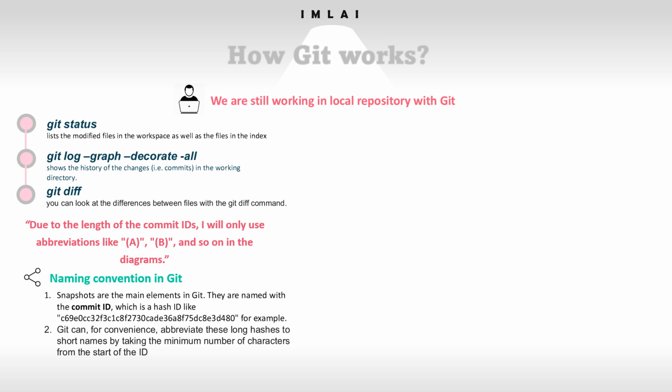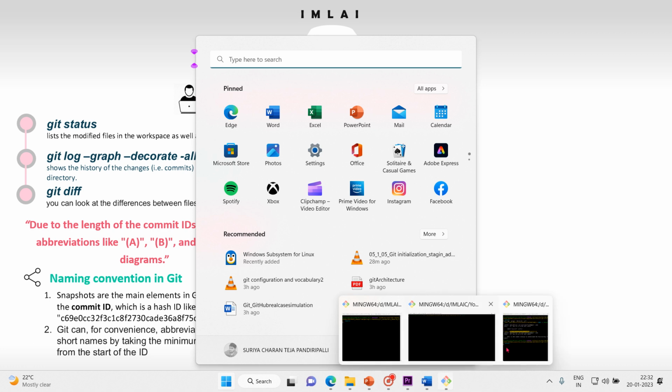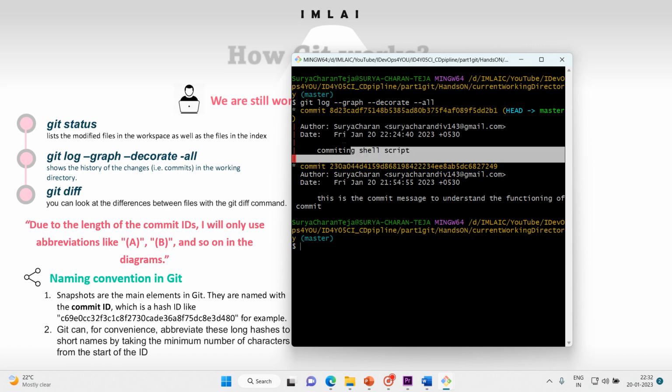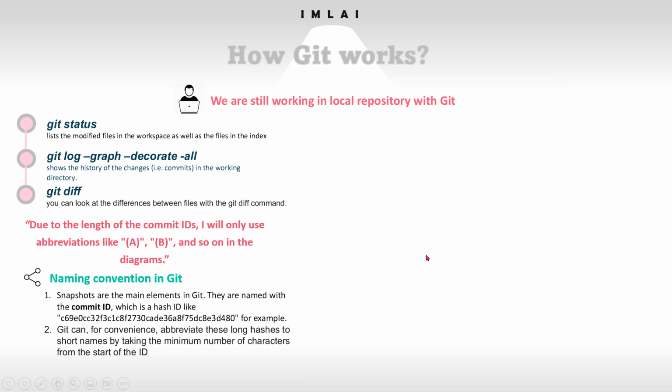So in this example, instead of the long hash ID, you can select the first four characters of it and use it in our commands. Note that the term commit is used both as a verb for creating a snapshot and as a name for the resulting snapshot.